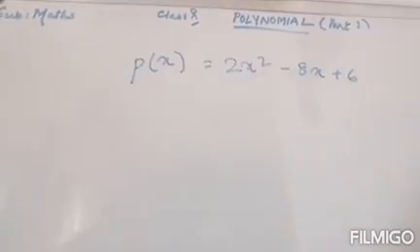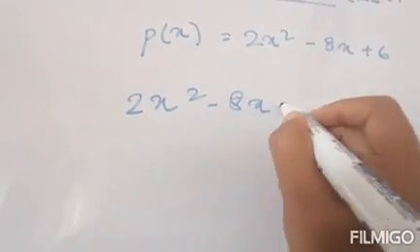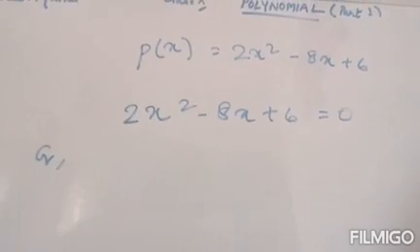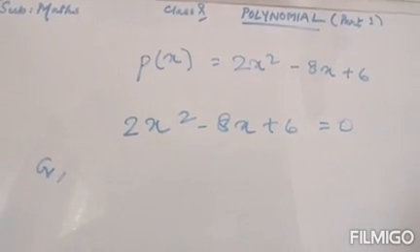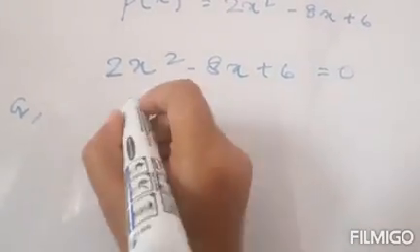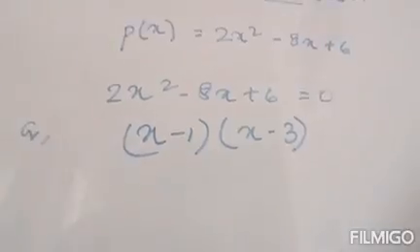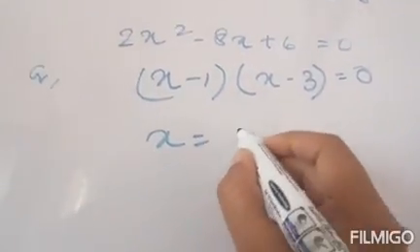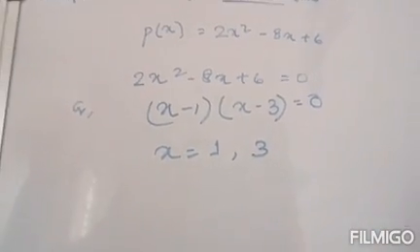Which means 2x square minus 8x plus 6 equals 0. If we factorize this, we will get 2 factors: x minus 1 and x minus 3, which is equal to 0, which means the zeros of polynomial will be 1 and 3. Correct?